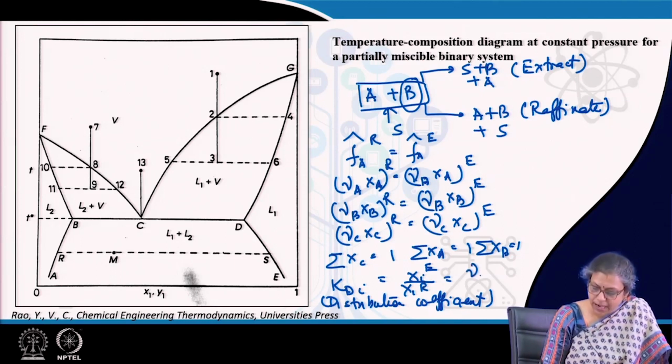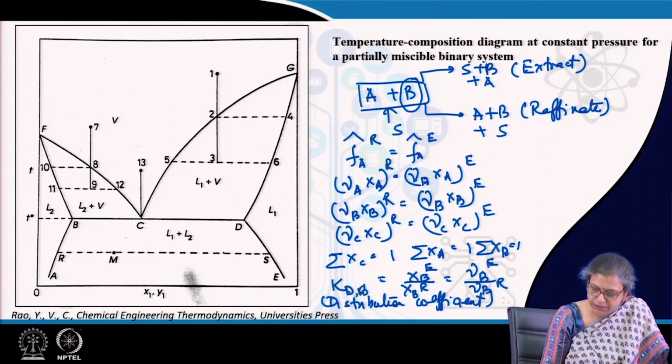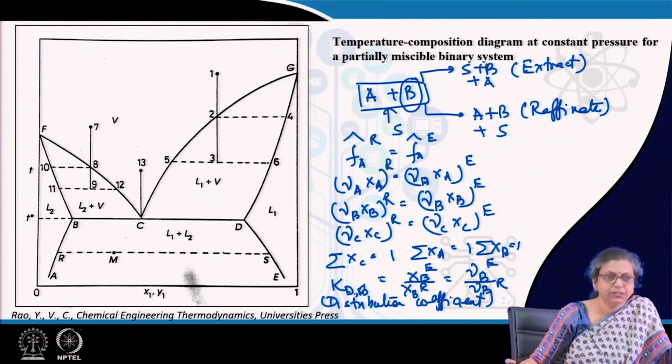Naturally, if B is the component, this is gamma B in the raffinate phase divided by gamma B in the extract phase. Once you can find out K d for the component B, you can also find out alpha, and you can find out the expression of alpha.